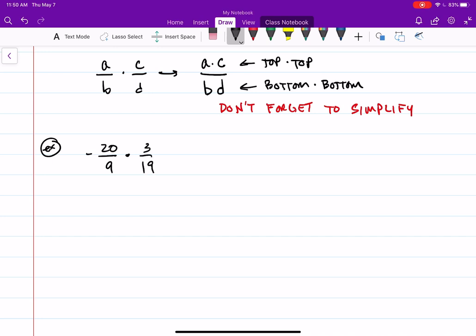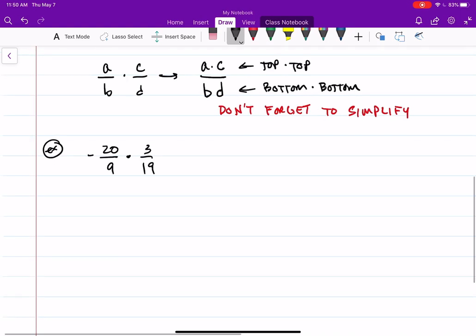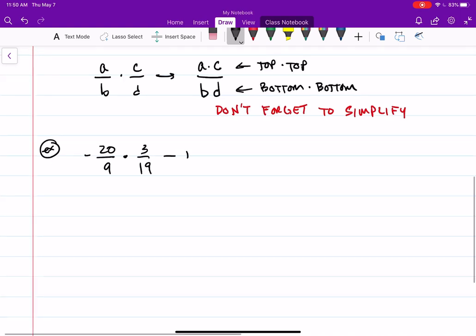So there are 2 ways you can do this. The first way is to just multiply. SPAN says that I have opposite signs, so I know it's going to be negative. And then, what's my top?